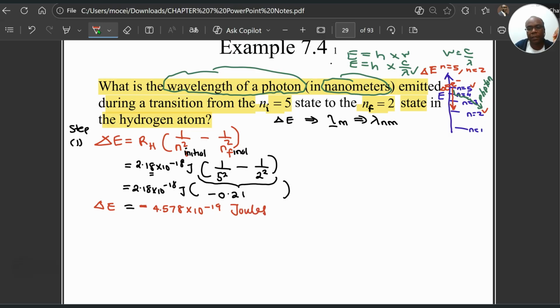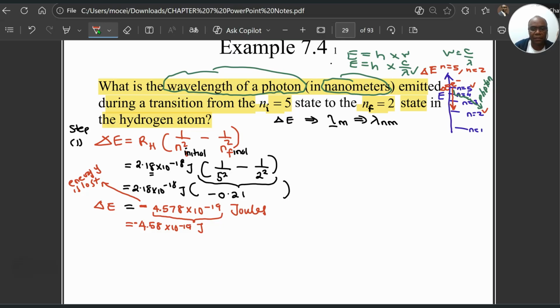It's negative here because energy is lost. When energy is lost, you say the reaction is exothermic, so we put a negative. But the key information is the change in energy value, this 4.578 times 10 to the power negative 19. The negative just means that energy is lost, implying emission of a photon. To three significant figures, it will be negative 4.58 times 10 to the power negative 19 joules.